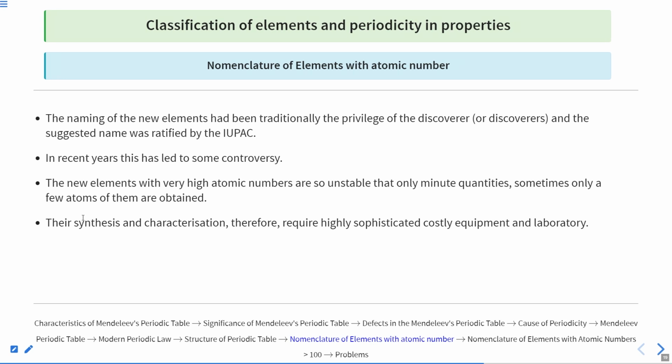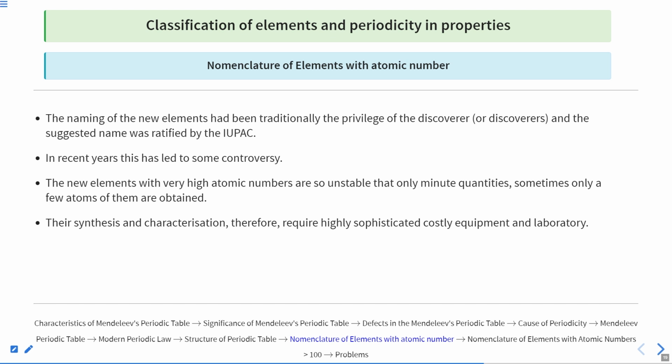Now the naming of the new element has traditionally been the privilege of the discoverer, and the suggested name was ratified by the IUPAC. In recent years, this led to some controversy. The new elements with very high atomic number are also unstable, so that only minute quantities, sometimes only a few atoms of them, are obtained. Their synthesis and characterization therefore require highly sophisticated, costly equipment and laboratory.